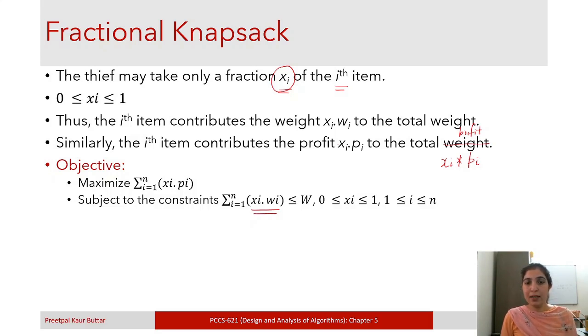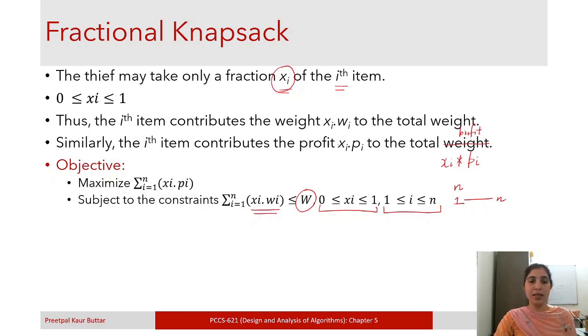So we find the summation of all the weights, and it should be less than or equal to the total capacity of the knapsack, that is capital W. And the fraction which we can pick for an item lies between 0 and 1, and total n items are there, so we can pick the items from 1 to n.